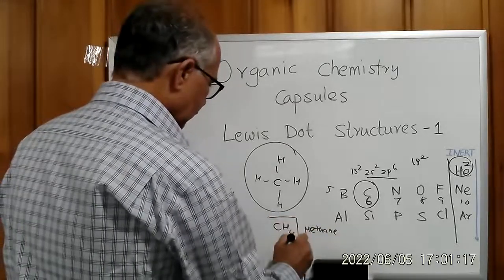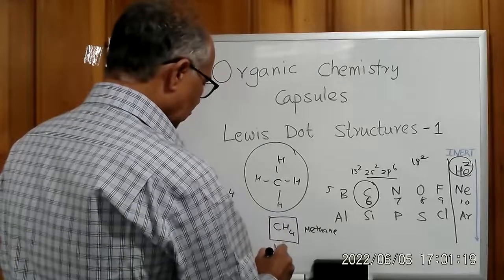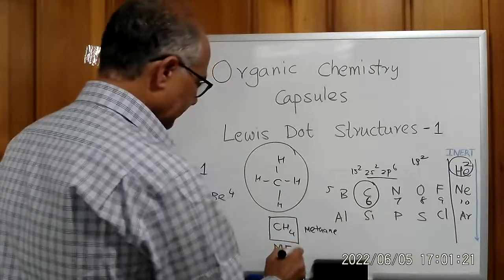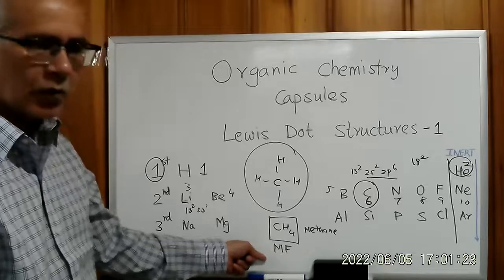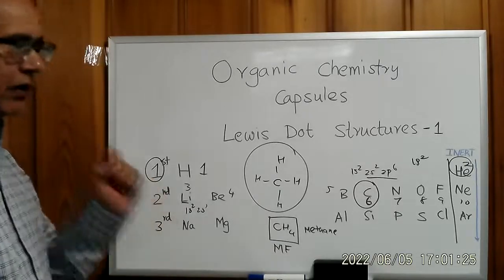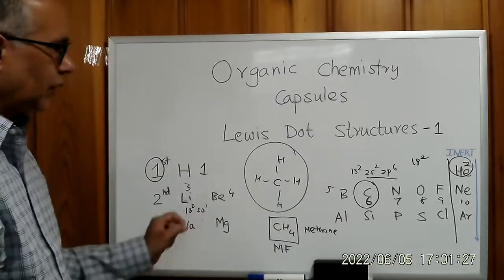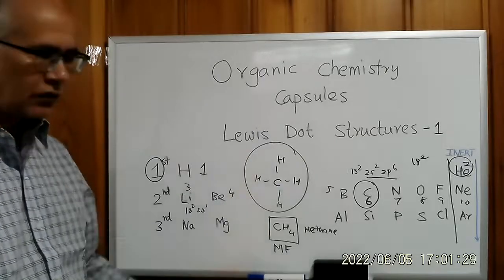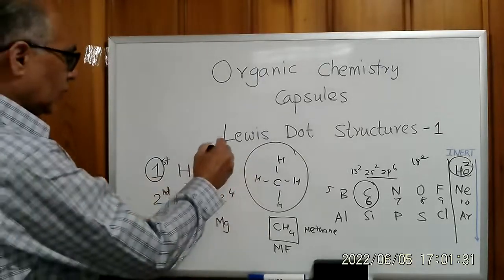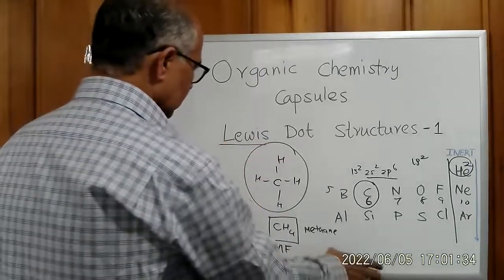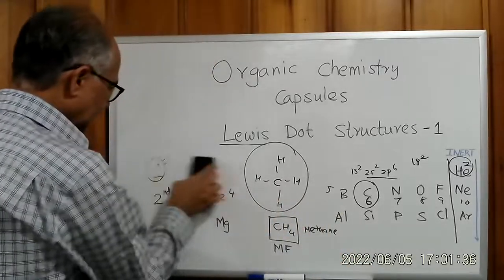This formula is called the molecular formula. Given a molecular formula, how do we arrive at the structural formula? That's where we come to the Lewis dot structure. So let me erase this.